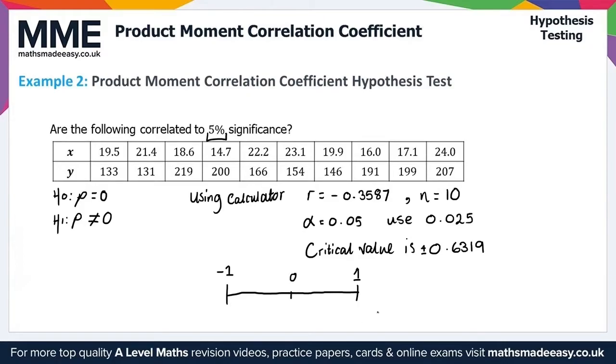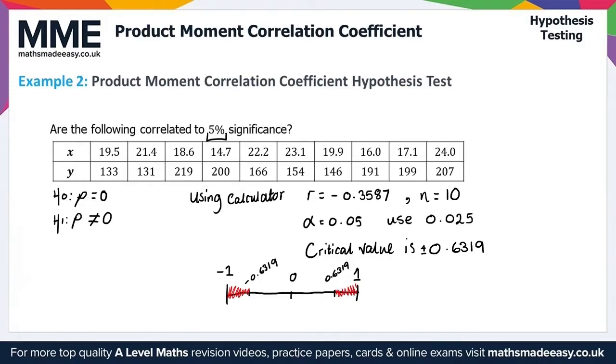Now what we've obtained is that the critical value is plus or minus 0.6319. So let's say that's there, that's 0.6319. And let's say here is minus 0.6319. So we would reject H0 if we lie within these areas here. Okay, so if we're in this area here, we would reject, and again we would reject here.